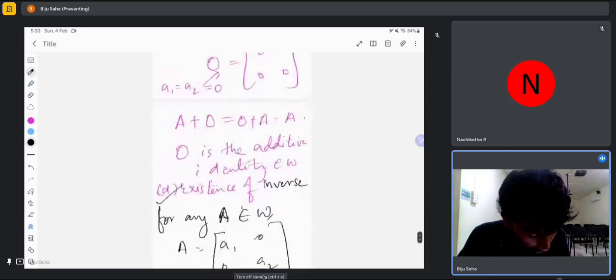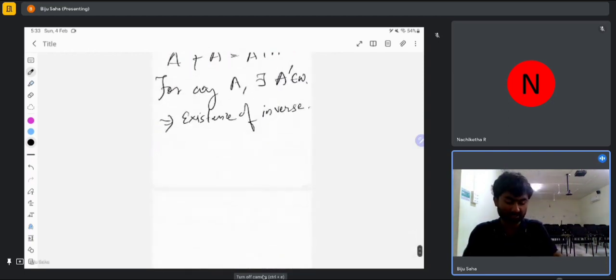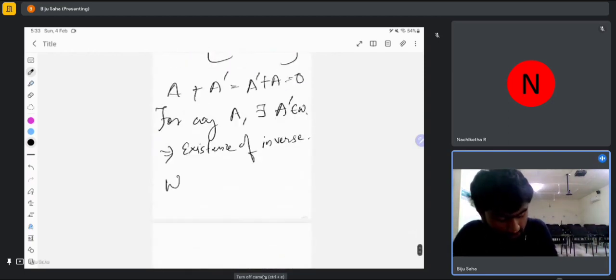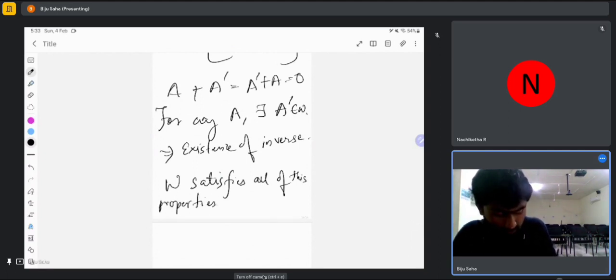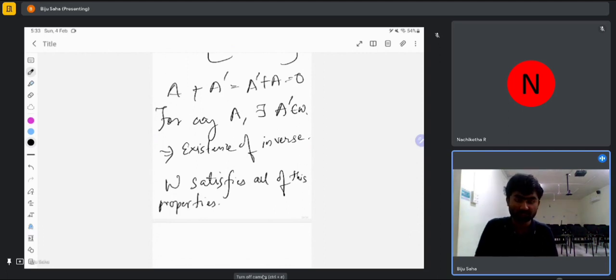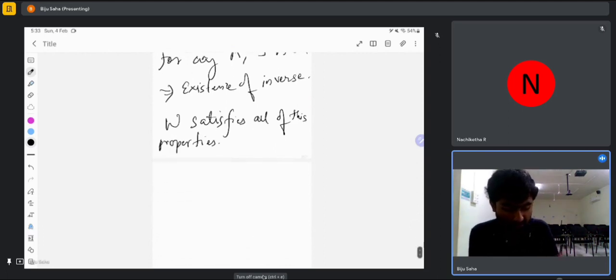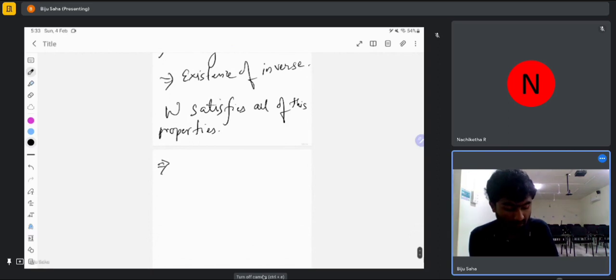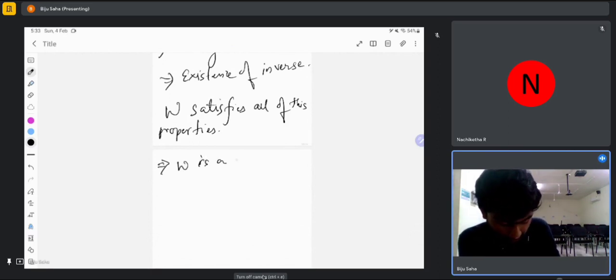Given that all of these properties are satisfied by the subset W, W is a vector space.